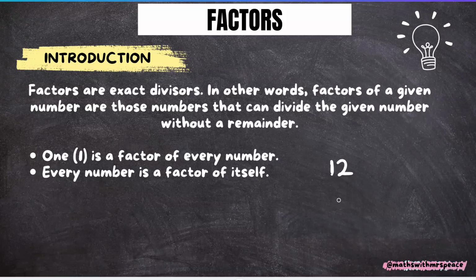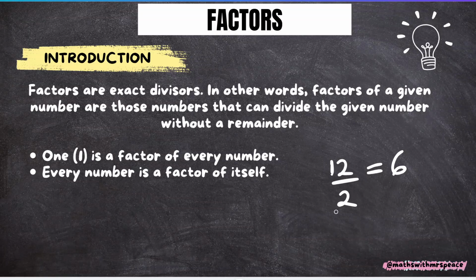If I decide to divide 12 by 2, I'm going to get 6 with no remainder. This means that 2 is a factor of 12 because 2 is an exact divisor of 12, and 12 divided by 2 leaves no remainder.